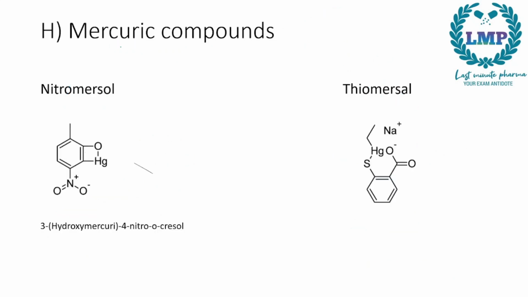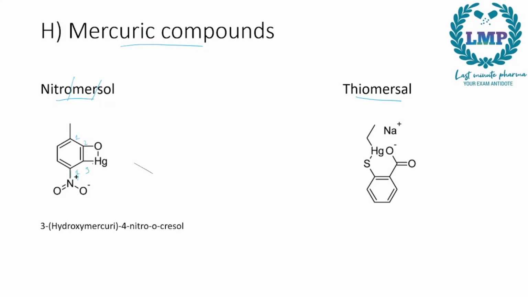Next we have the mercuric compounds. The two mercuric compounds are nitromersol and thiomersal. So nitromersol, sol, mersol. The common name of this structure is 3-hydroxymercury-4-nitro-orthocresol. So we will start naming from the CH3 group. So 1, 2, 3, 4.